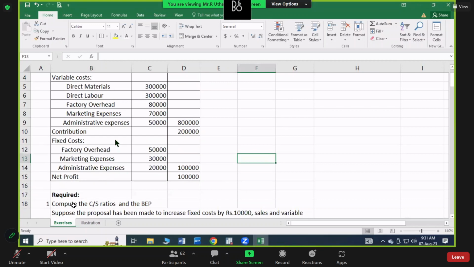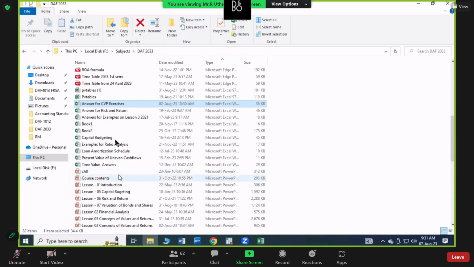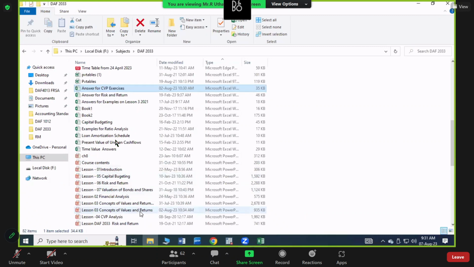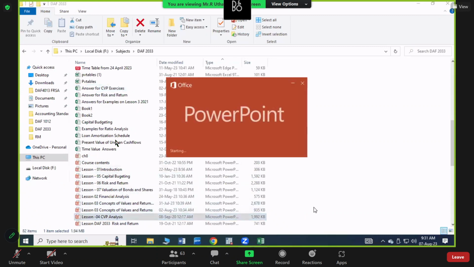What is required is to compute the CS ratio and the BEP. You can learn that from the earlier lesson.